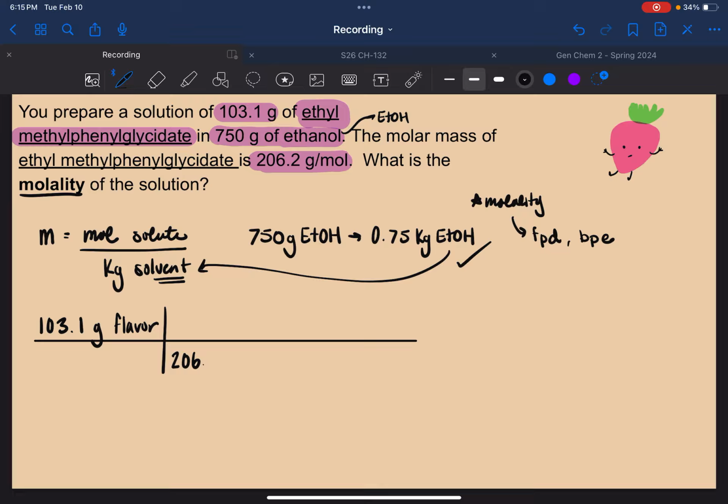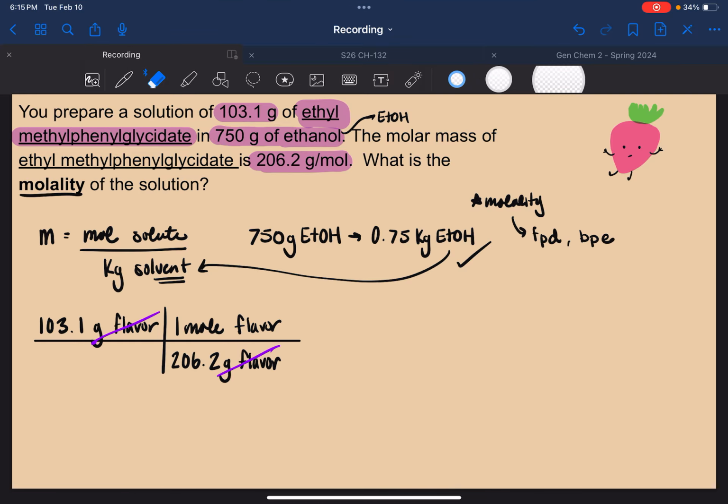So just to save space on my notes, that's how I'm going to do it. You can always keep track of your units, just like that. And this comes out to, you might be able to see it without punching it into a calculator, half a mole.